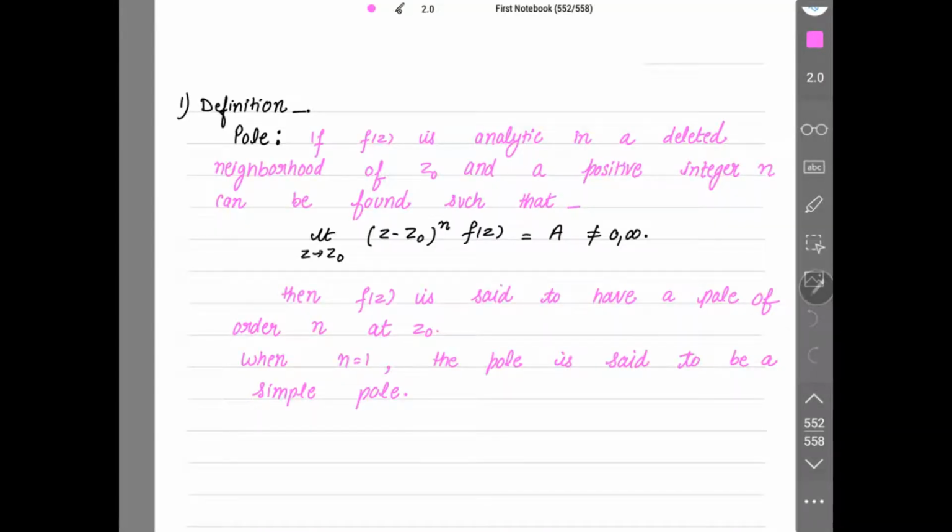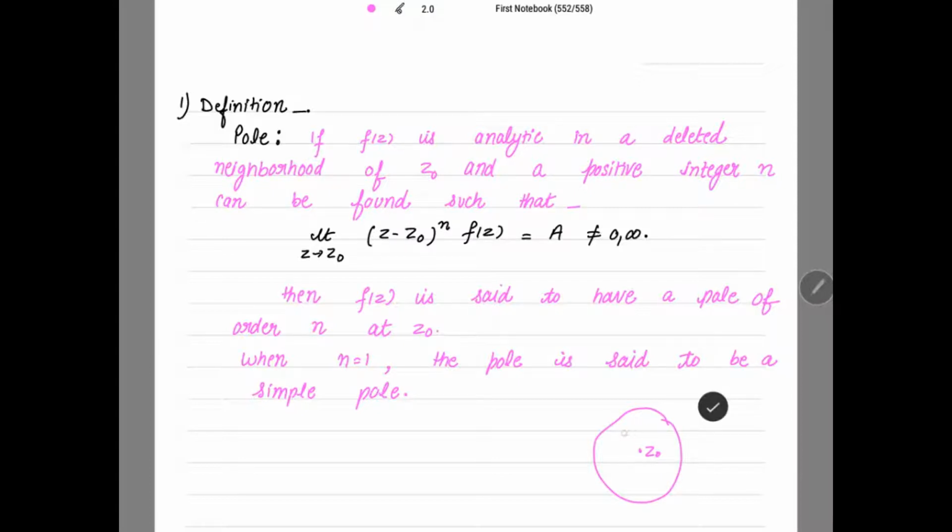The first definition is on pole. If f(z) is analytic in a deleted neighborhood of z0 and a positive integer n can be found such that... Now, what do you mean by deleted neighborhood of z0? Suppose this is a point z0 and let this be a neighborhood of z0.